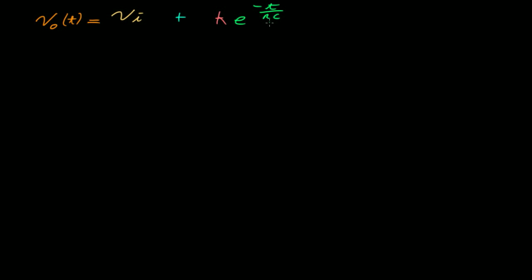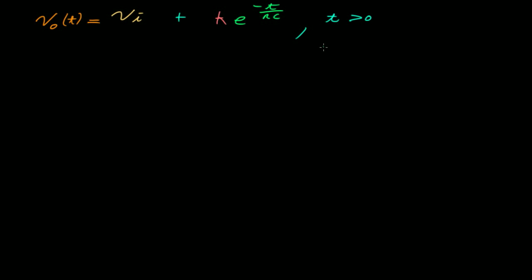And just to make sure, R and C are known values. We know what both R and C are right now. That's what your resistance value is, and that's what your capacitance value is. And we should also say that this solution is valid for all time greater than 0.